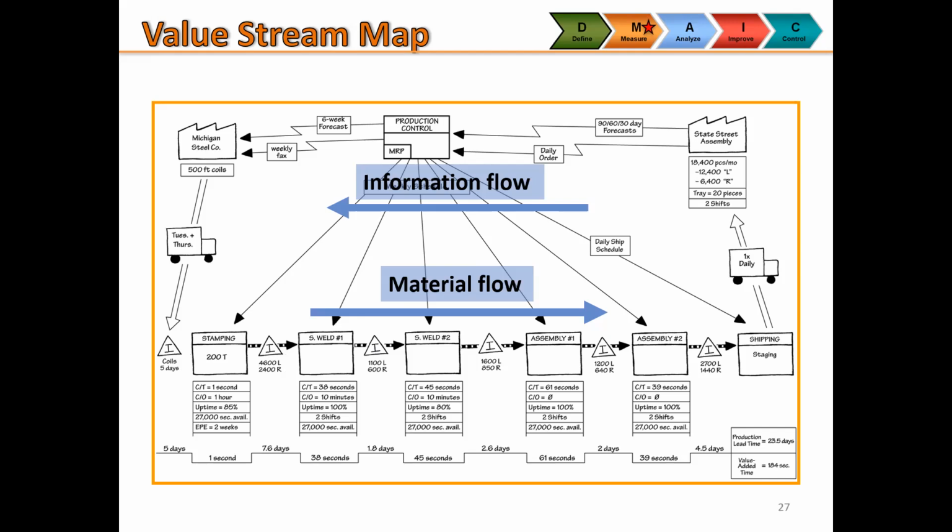But then you just line up your processes one after the other until we get to staging and shipping, and then we ship it out the door to State Street Assembly. And the faster we can do this, the more profitable we are, right? If we're not working on the same job for long periods of time, we're much more profitable.